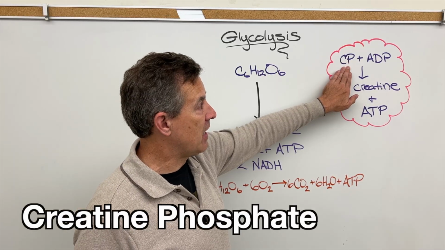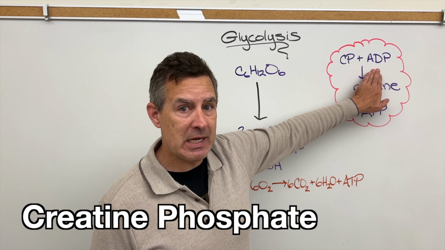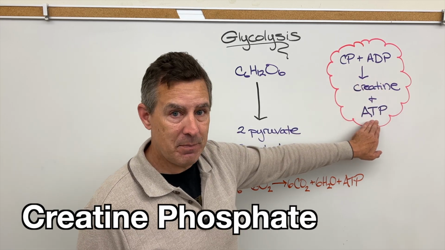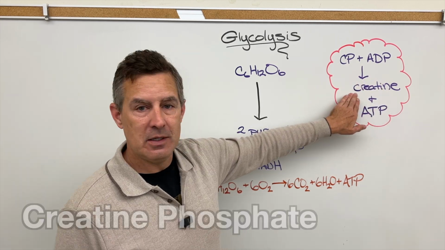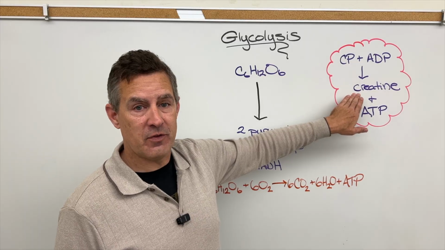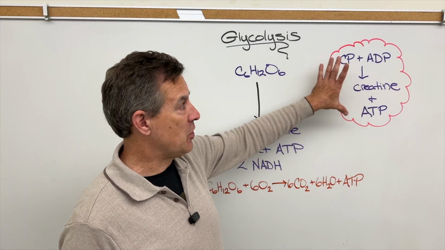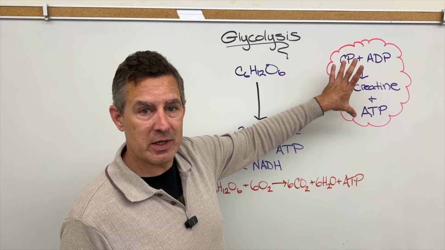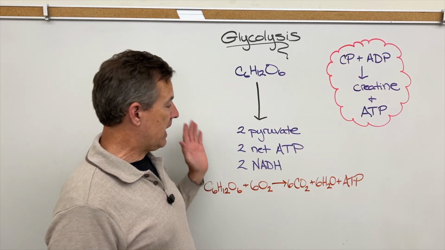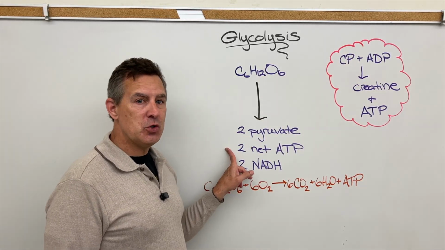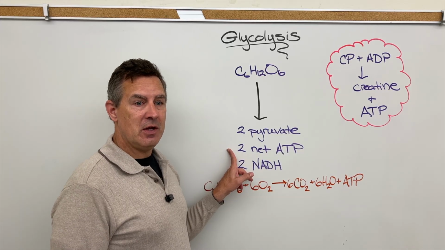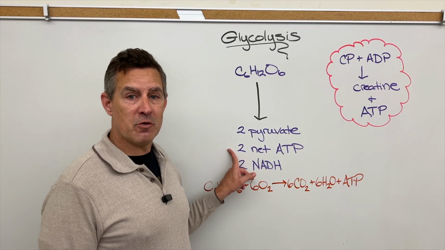And it's transferring that phosphate to ADP, creating ATP, and certainly the substrate without the phosphate, which is just creatine. So this is an example of substrate level phosphorylation, and the ATP that are produced during glycolysis are produced via substrate level phosphorylation.